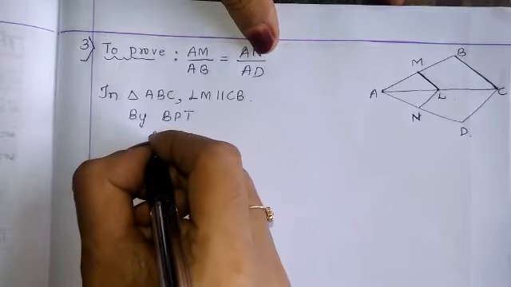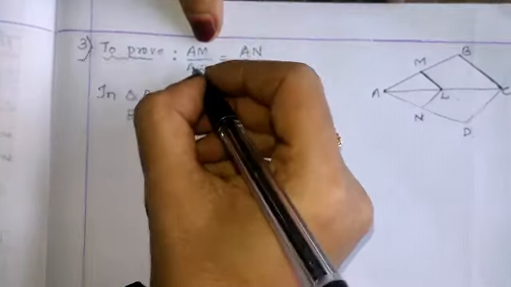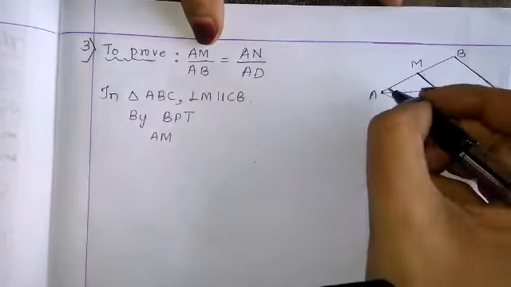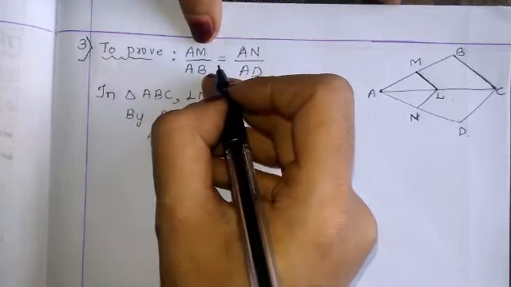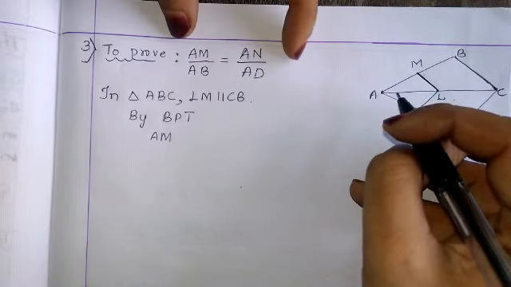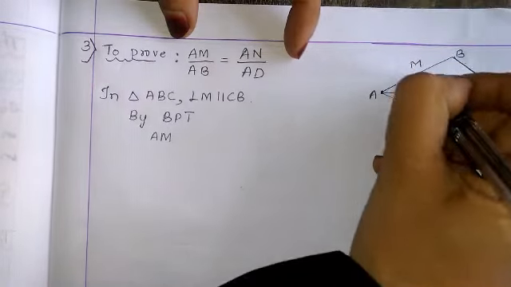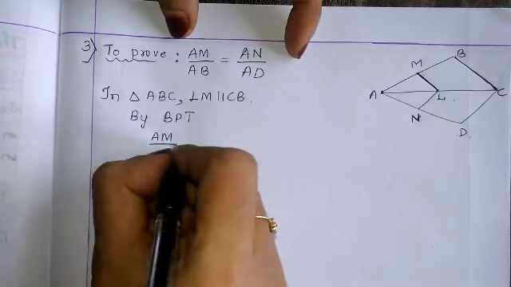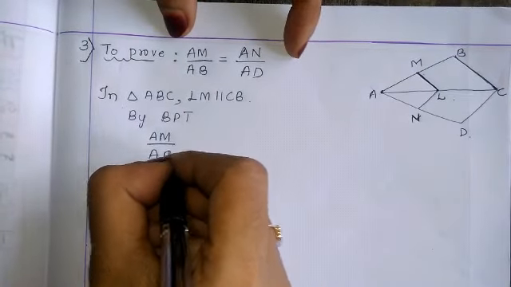But here in the to-prove they have told AB in full, so we have to follow like that only. Why? Because we have to bring out the answer: AM upon AB.